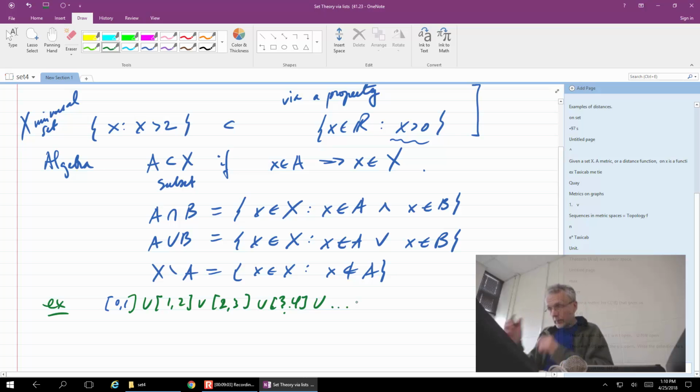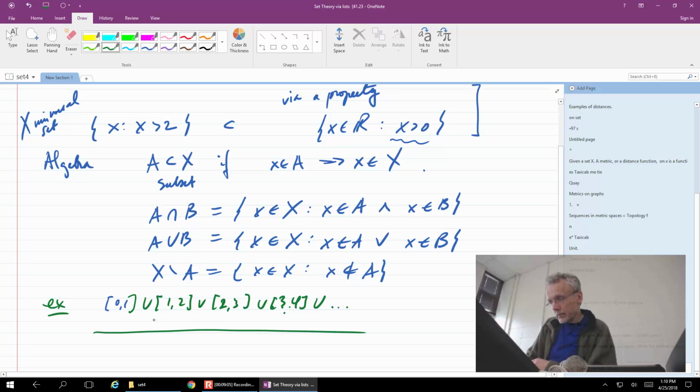Well, you can make a picture, right? This is 0, 1, and then 1, 2, 2, 3, 3, 4, on and on.